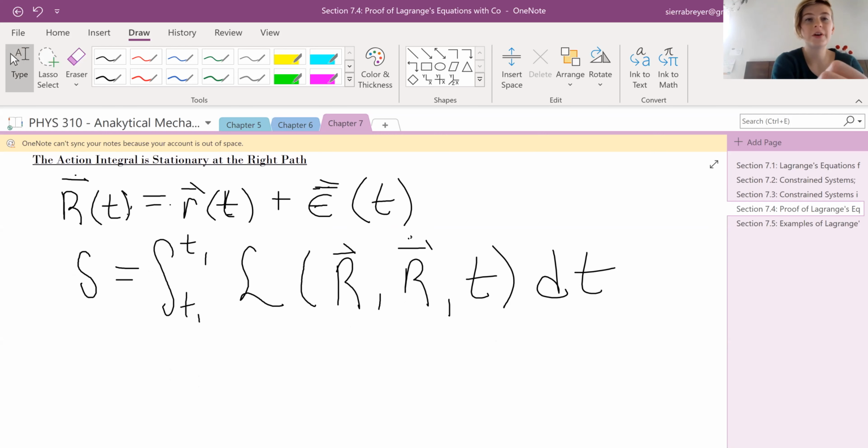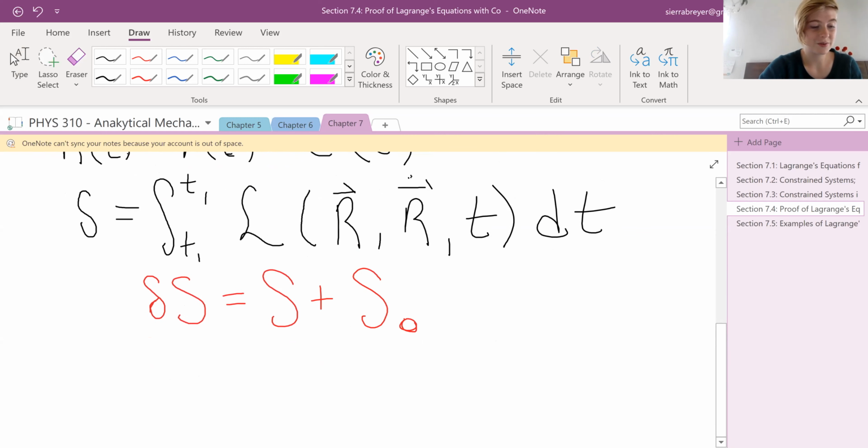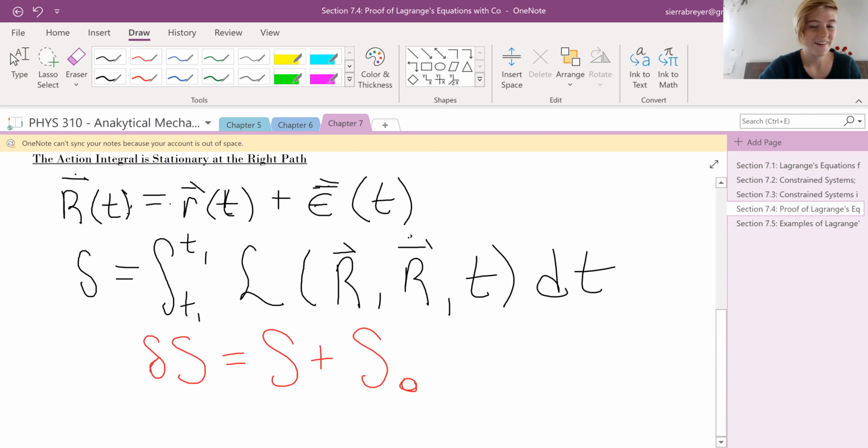But what we do want to note is that the change in S is going to be equal to this S function plus whatever S was initially. It's that initial position of S. So we're going to start with that.